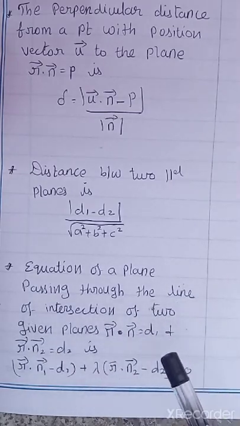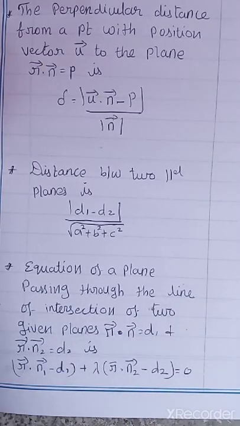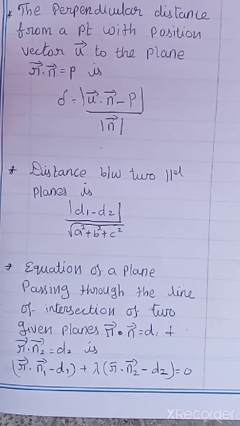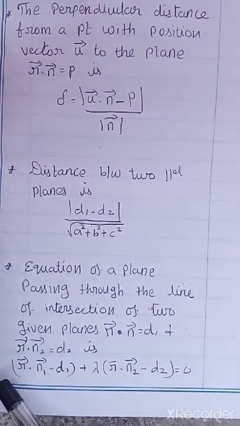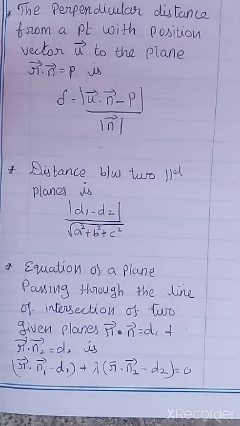So what is the formula? (r dot n1 minus d1) plus lambda of (r dot n2 minus d2) equal to 0. Is that right? Okay, so this is your equation of plane passing through the line of intersection of two given planes.